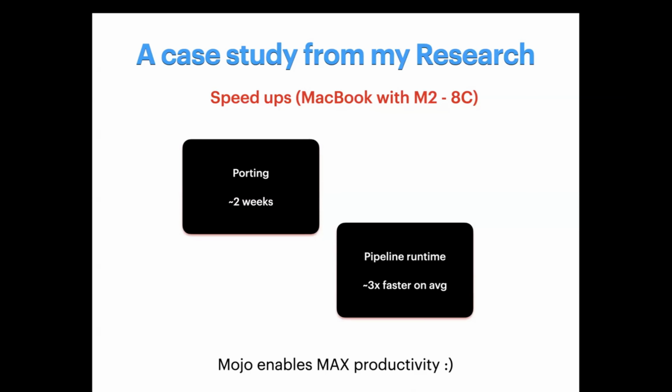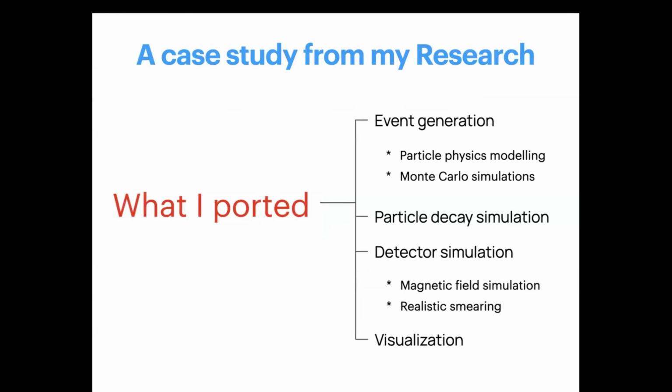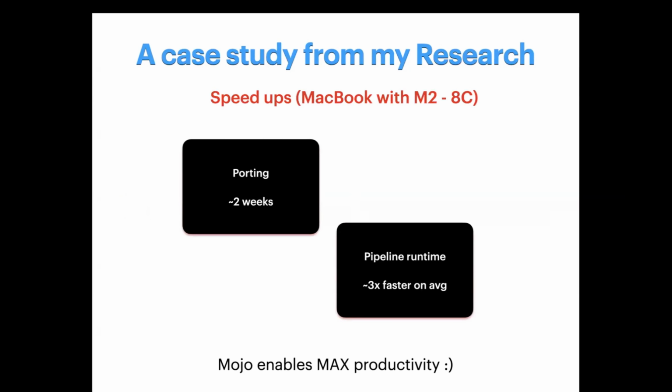Unfortunately, I can't share the code yet since my paper is in review, but I'll be happy to drop the GitHub repo once the paper is out. And I'll be happy if someone could go through it and suggest any more optimizations. I saw a rough 3x speed up throughout this whole pipeline, from event generation, decaying, simulations, and visualizations.